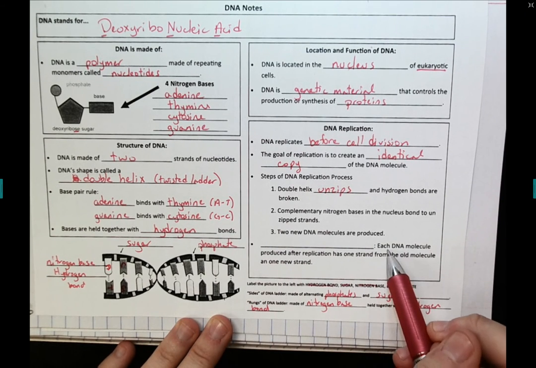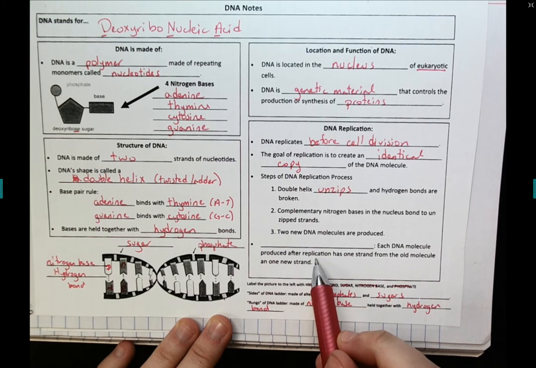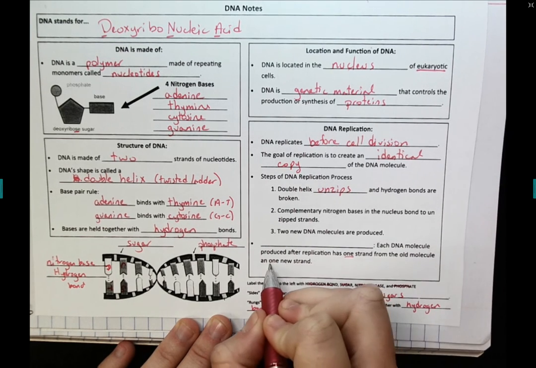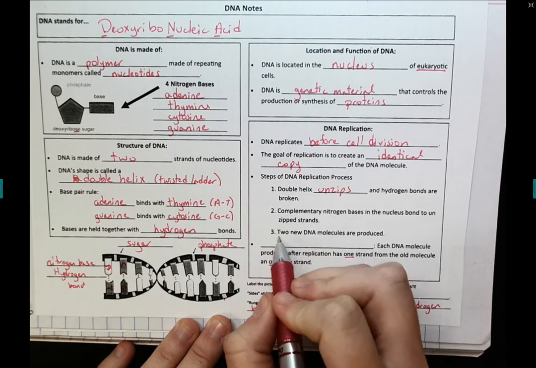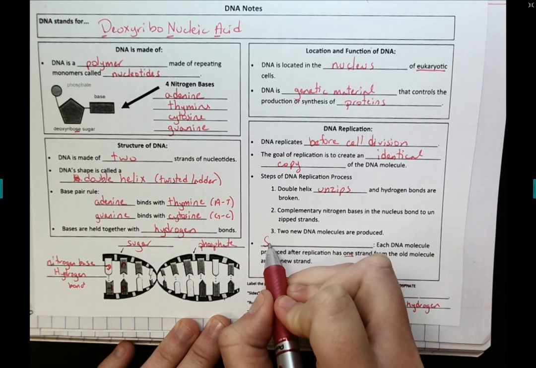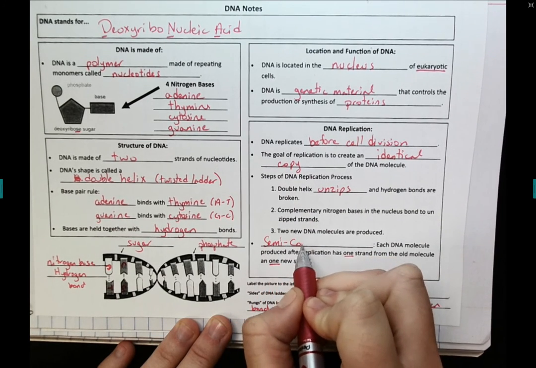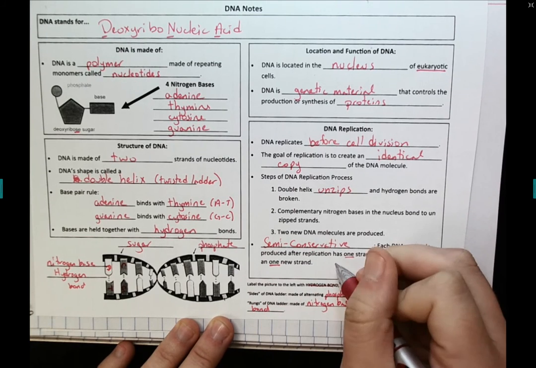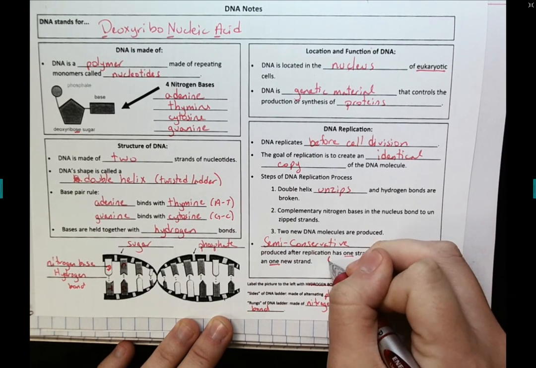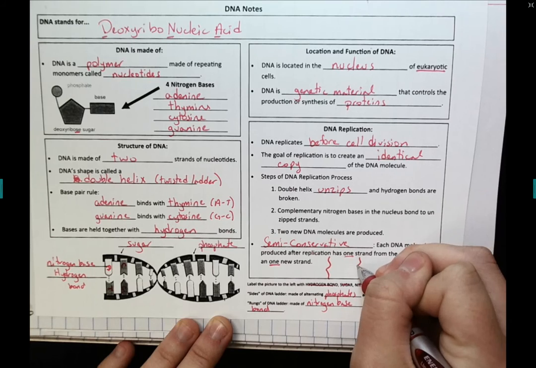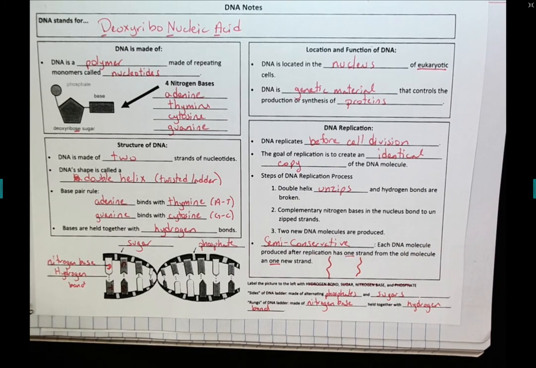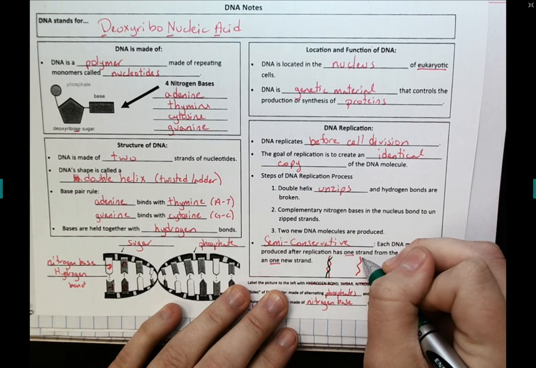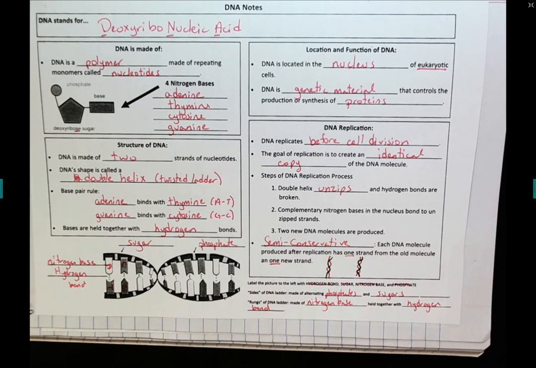In this process, each DNA molecule produced after replication has 1 strand from the old molecule and 1 new strand. So we say that DNA replication is semi-conservative, right? Because each new DNA has a copy of the original parent strand and has the new strand. So it would be like that.